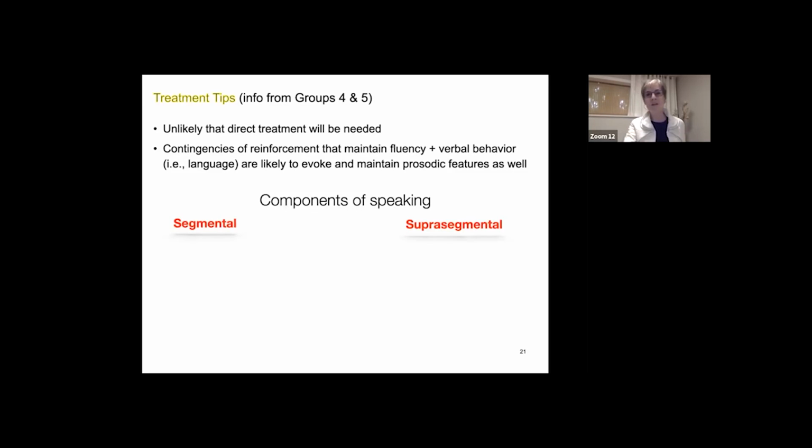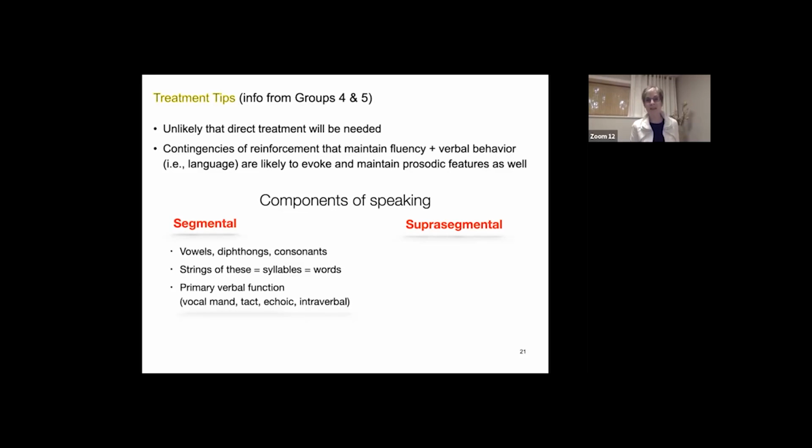So let's just take a quick look at the components of speaking. There are two: segmental components, and supra, or above the segments, supra-segmental components. Segmental components are vowels, consonants, the phonemes, and then strings of those syllables that then become words.